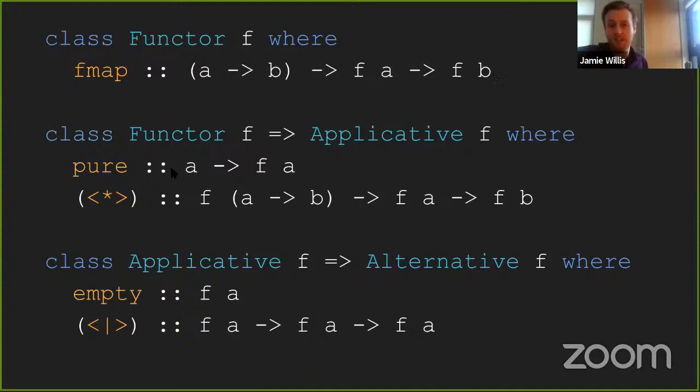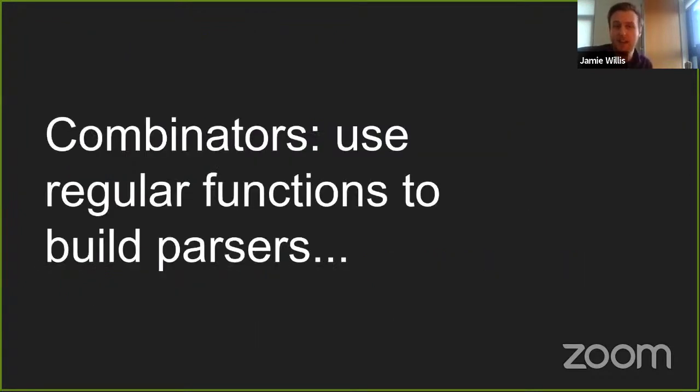And pure allows us to parse things without any computational context, so we don't read any characters when we use pure, but we do get a result back, and so on. This is the OR operation from before. They can make choices, and using these we can build up more and more tools to make our grammars. That's what makes parser combinators so great: we can use regular functions to build our parsers.